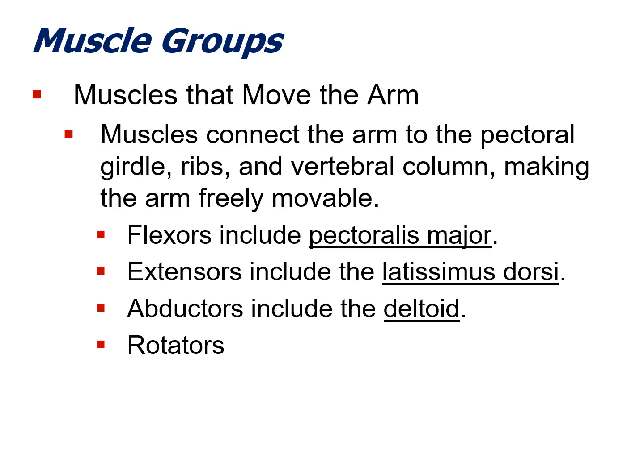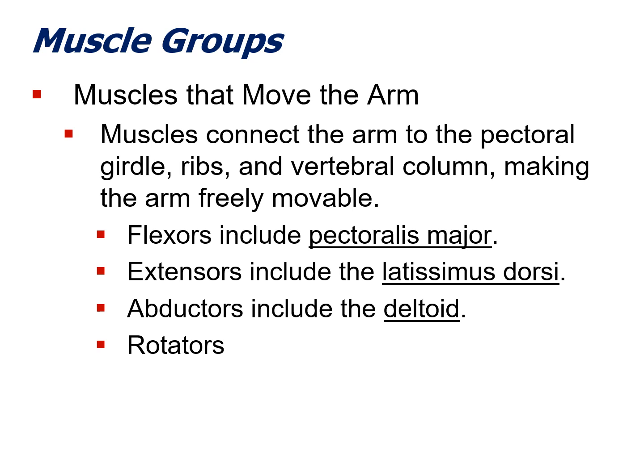All right, muscles that move the arm. So there's several muscles that move the arm, and they do different actions. One flexes the arm, and remember the arm is where the humerus is located. So the flexor flexes the arm, and that includes the pectoralis major.